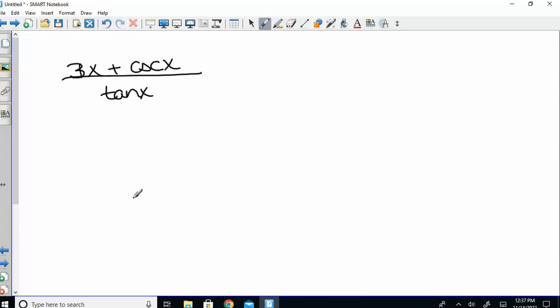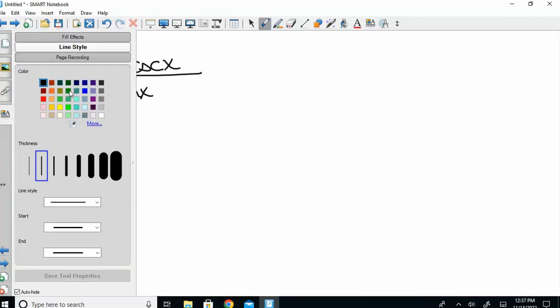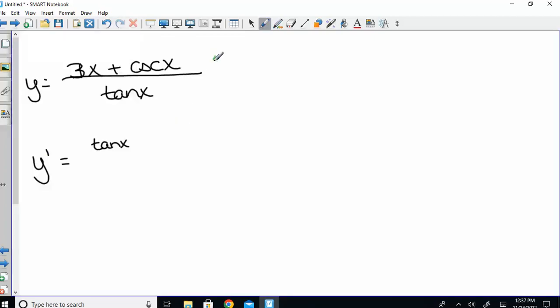When do these trig functions all have nice, pretty derivatives? No. It gets ugly. So, what do I have to do for this derivative? Quotient rule. So quotient rule is low d high, so the derivative of the top. What's the derivative of 3x? Plus the derivative of cosecant x.